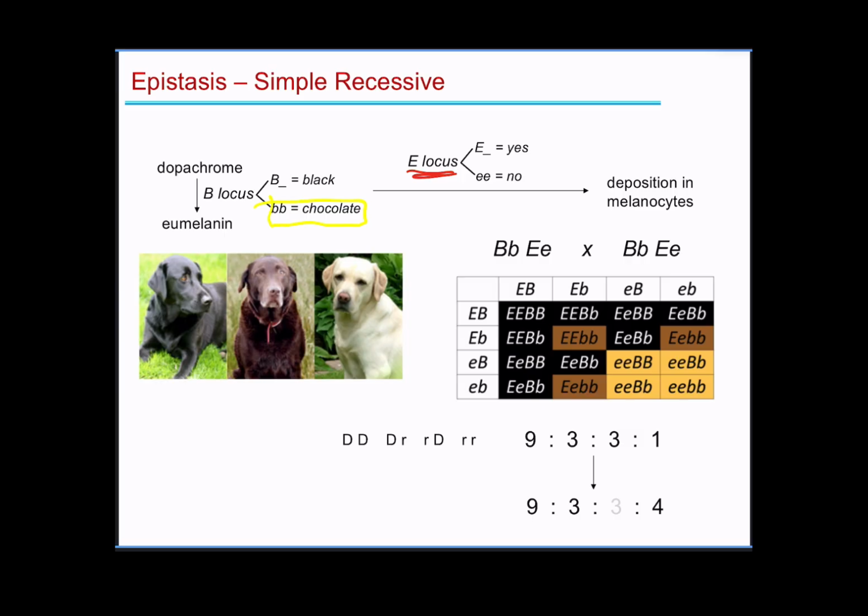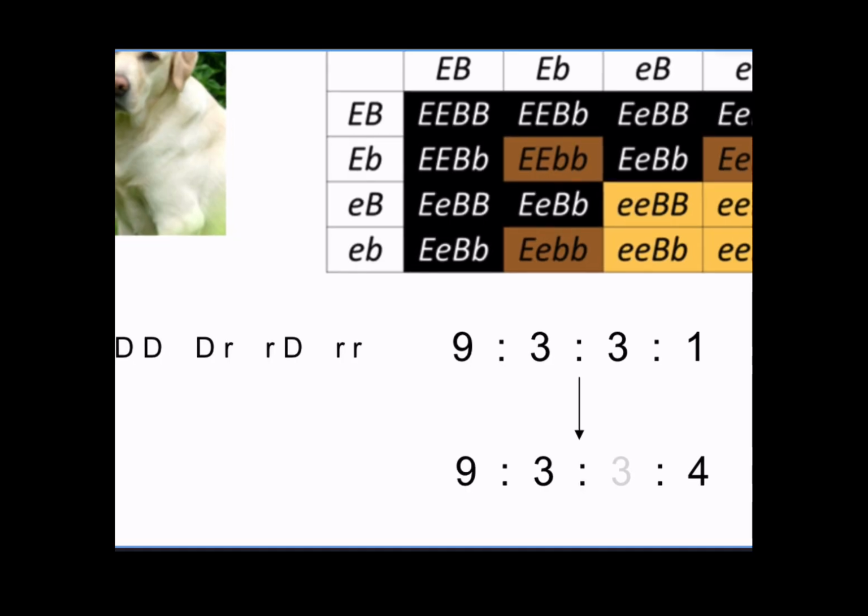I'll show you. So in this particular example, ideally, we would have expected a 9-3-3-1 of 2 dominant traits, first dominant, second recessive, first recessive, second dominant, and then the 2 recessives. But what's happening here is that the second recessive is masking the expression of the dominant.